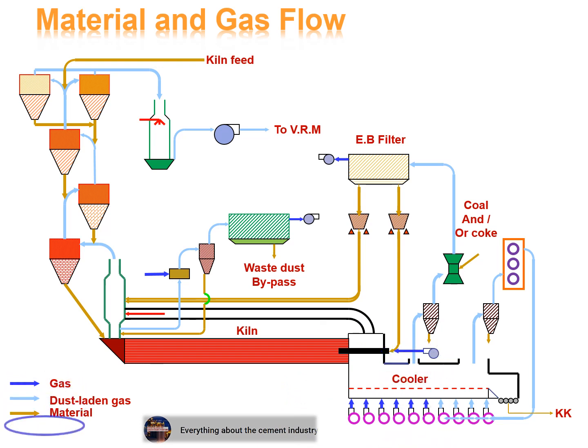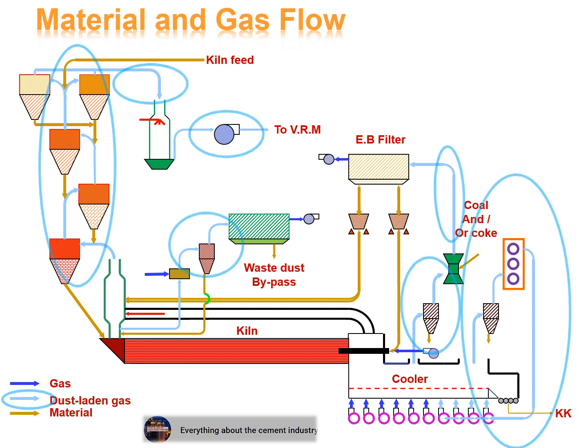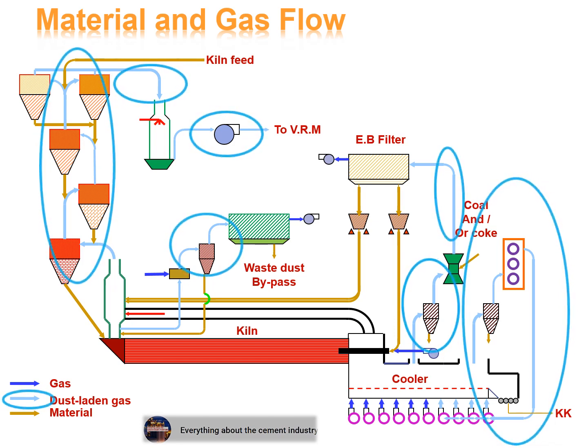2. Dust-laden gas. Watch the path of dust-laden gas entering or leaving the clinker process through several points. Air exits through the preheater by suction of the ID fan. Dust-laden gas air suction via bypass.